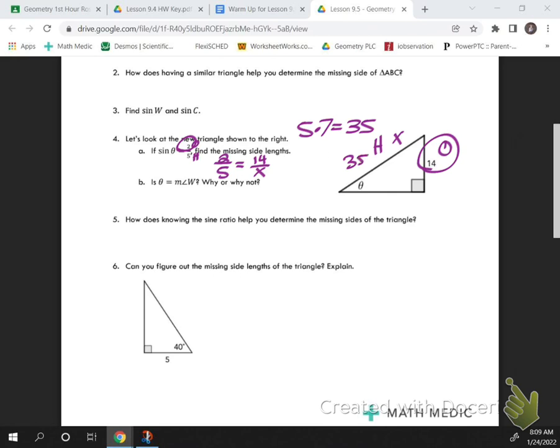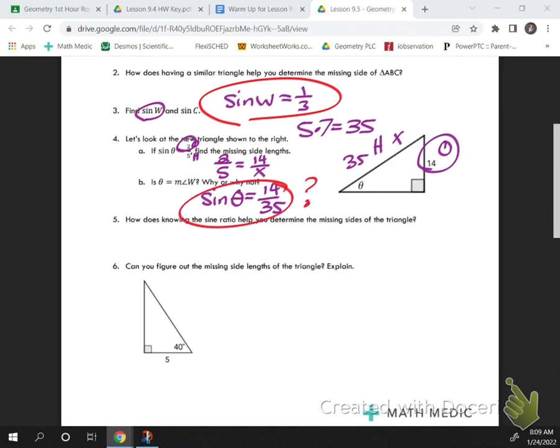This is 35. Is theta equal to the measure of angle W? So back up here to sine of W. The sine of W simplified to equal 1/3. Is this the same? The sine of theta is 14/35. Turn and talk with your partner. Are these things the same? How can you prove it?